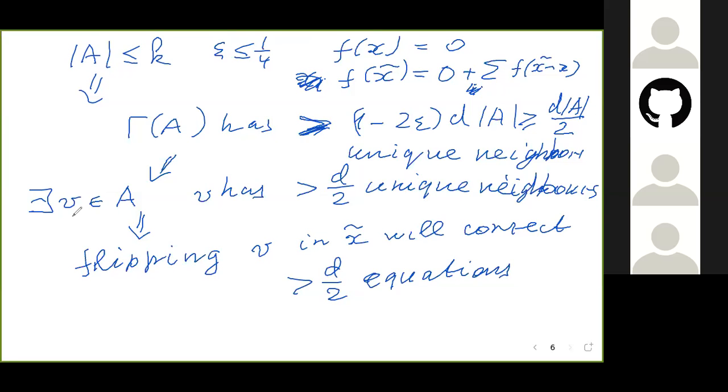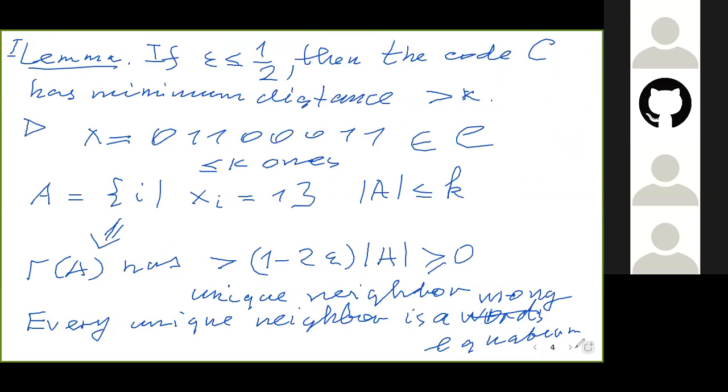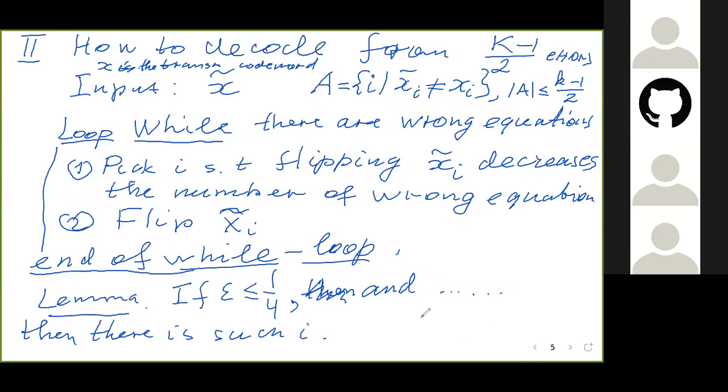Okay, so now we see what another assumption we need: that A has at most K variables.